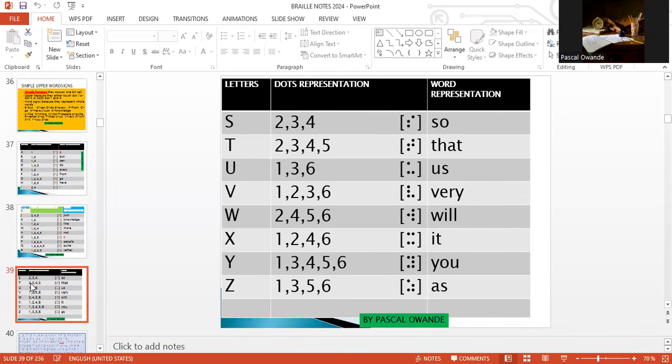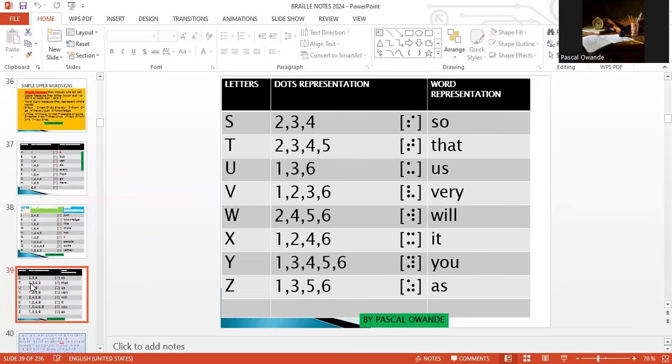The word representation here is us. We have letter V, which is dot 1, dot 2, dot 3, and dot 6. The word representation here, very.